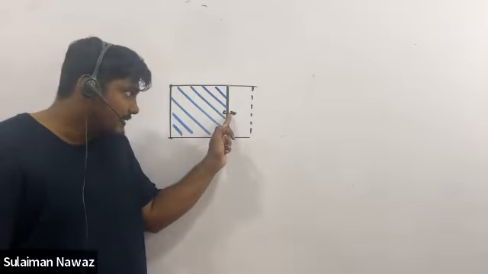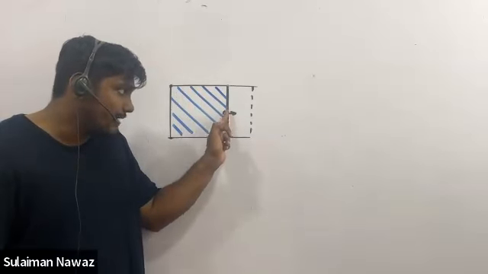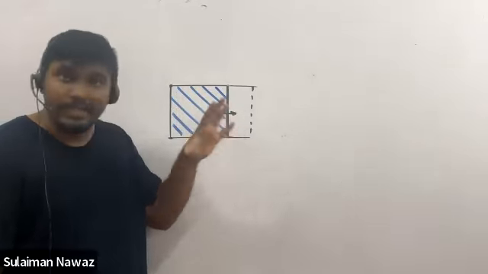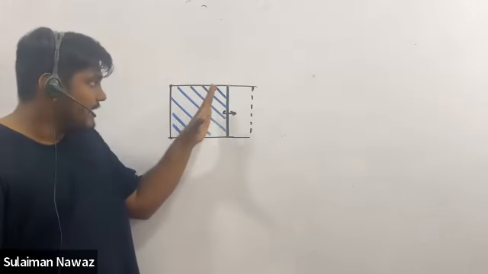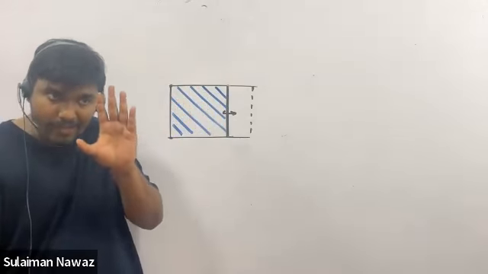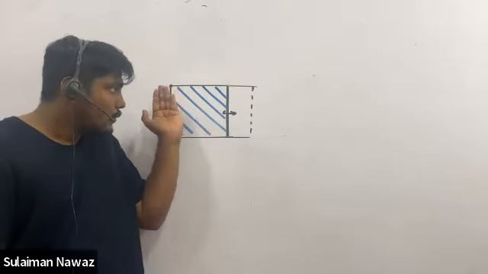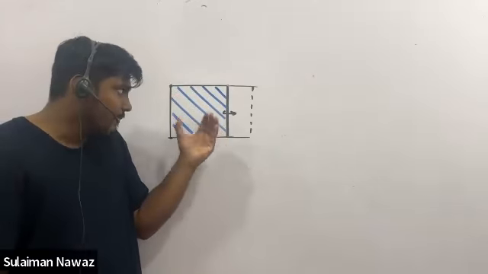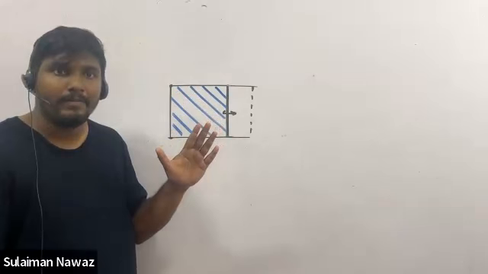Now, just think you have an adjustable frame. That means you can adjust the location of this wire forward or backward. By adjusting this wire, you can adjust the area inside this frame. Suppose you created some kind of soap film.